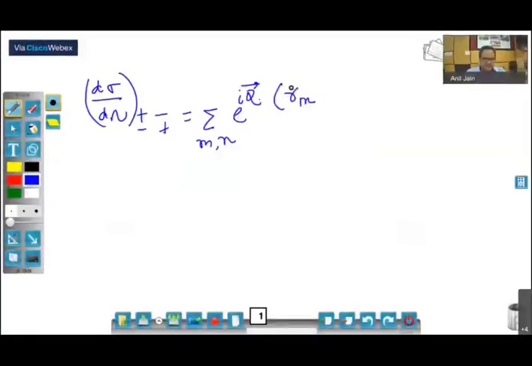dotted with (r_m minus r_n), into p_m magnetic scattering length p_n, and then you have a bracket, something which I am writing here.